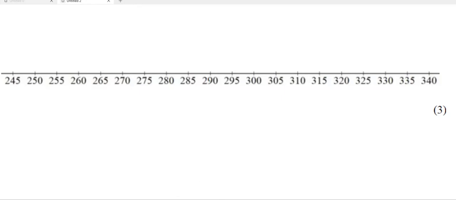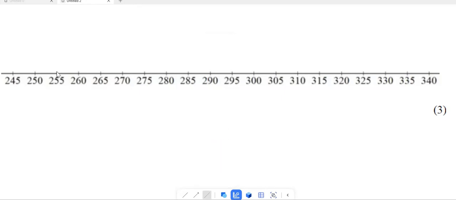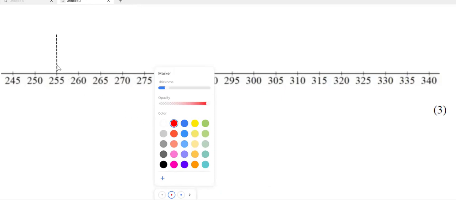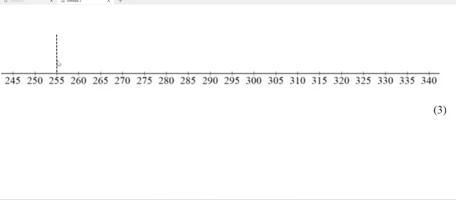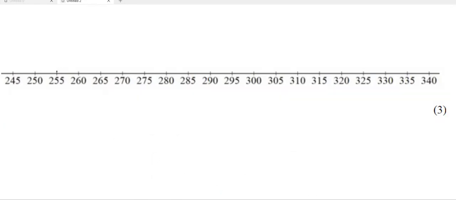Let us just have a line here that can direct us to that 250. Something like this. So this is at 250. Where am I putting this one? We need 250, not 255, but 250, which is here.